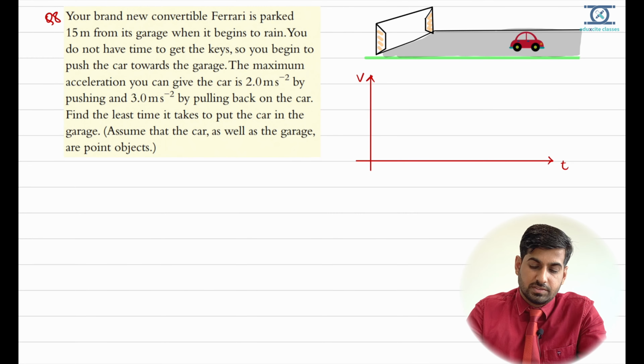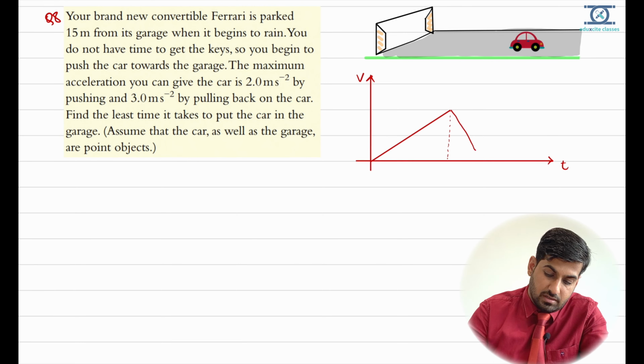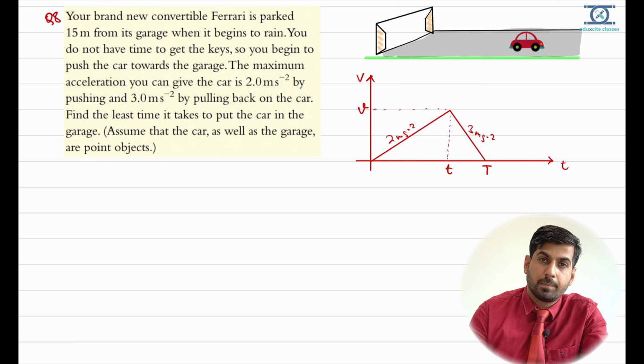Initially I am accelerating it, so it will move to a certain velocity, and after this I will decelerate it and make it stop at this time. So let us say this is time small t, this is time capital T, and this is velocity v. This is the maximum velocity it reaches, and this acceleration is 2 meter per second square, and here the deceleration is 3 meter per second square.